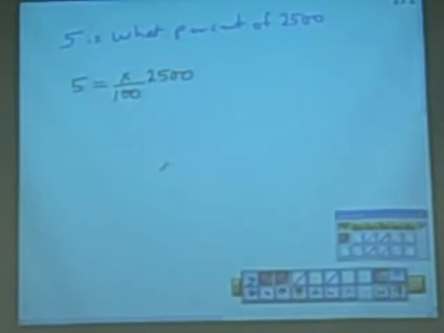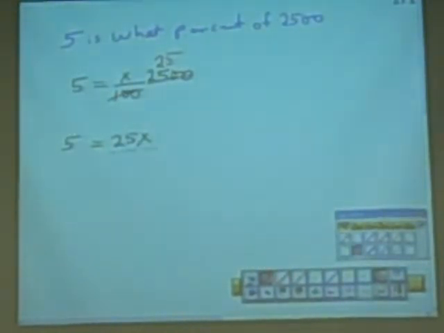We can say here that 100 goes in 2500, and that's 25. So we can say this is 25x equals 5. So now we're going to divide both sides by 25.